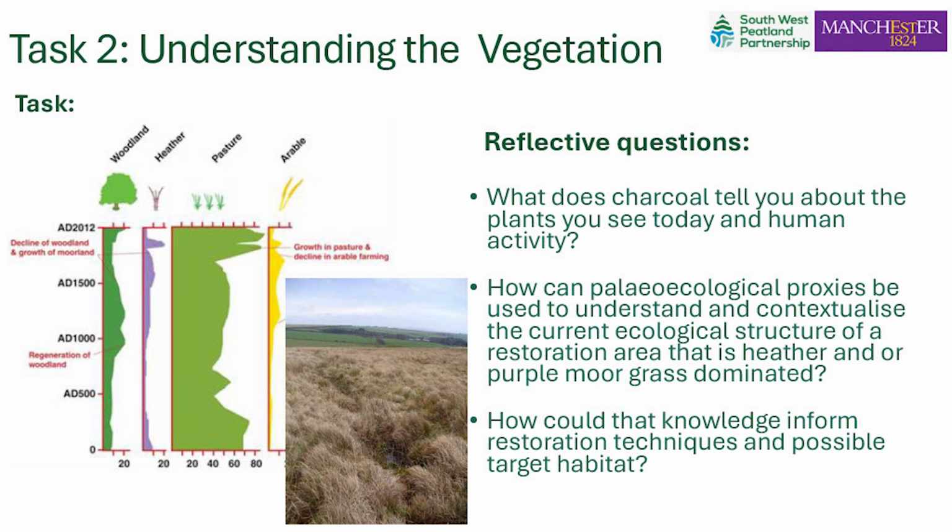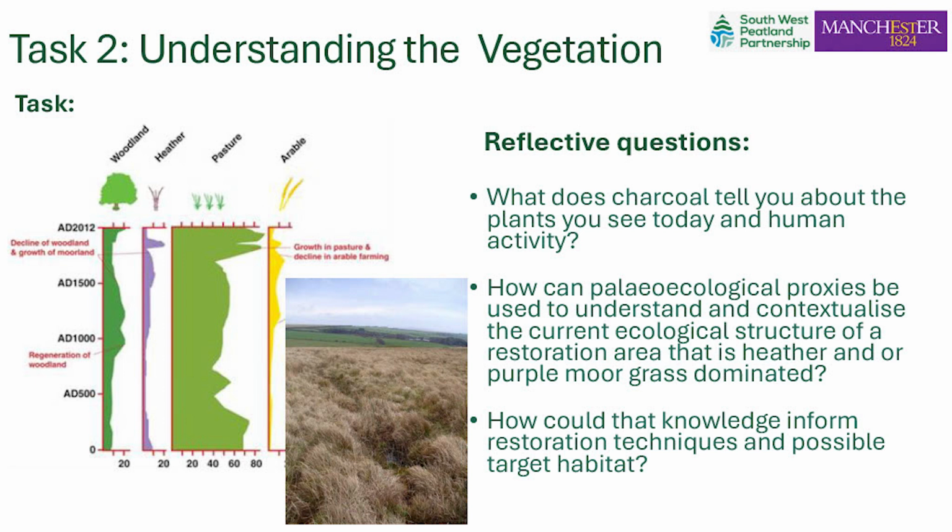This first one is about understanding the vegetation. You might want to look at your pollen and macrofossil information sheets, and your charcoal as well. Looking at the reflective questions, we're thinking about what charcoal tells us about the plants. How might the burning history relate to the plants that we see today?